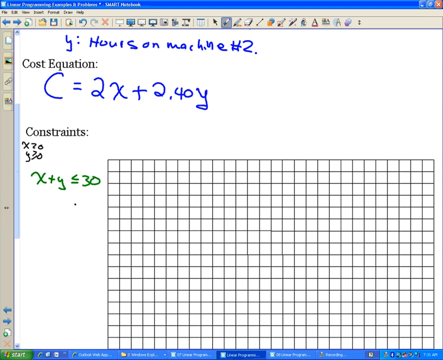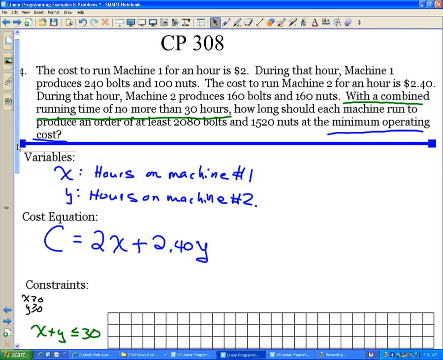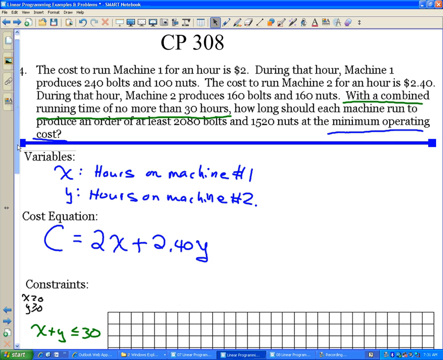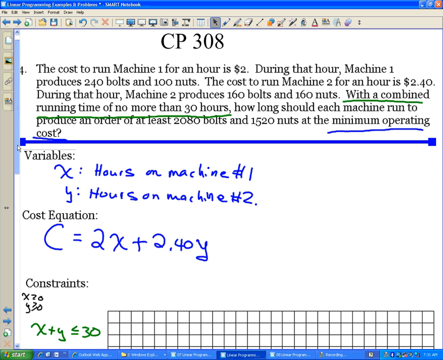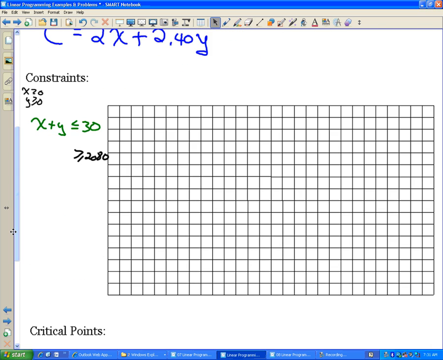I actually want greater than or equal to 2080. I can have 2080 bolts, but I want more than that if I can. So machine 1 in that first hour can produce 240 bolts. Machine 2 in that first hour can produce 160 bolts.